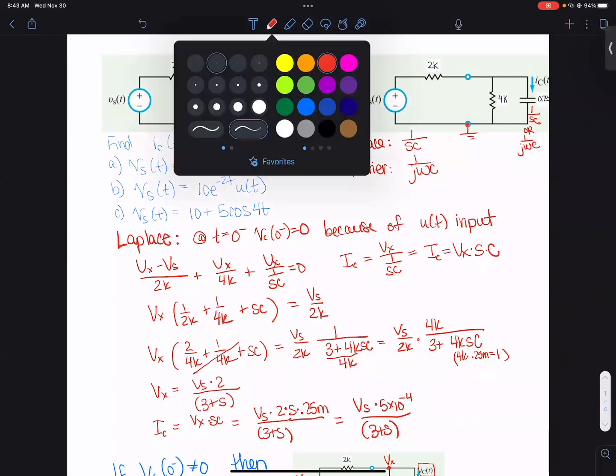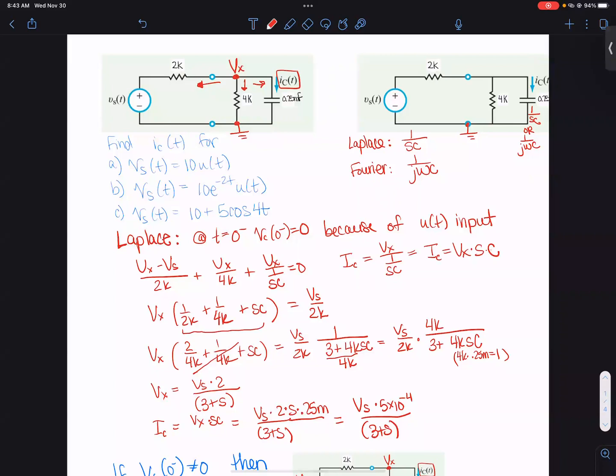I combine all of the same variables. So 1 over 2K plus 1 over 4K plus SC. And then I take the VS over 2K over to the other side. Combining those, 1 over 2K becomes 2 over 4K, SC becomes 4K SC over 4K, and that becomes 3 plus 4K SC over 4K.